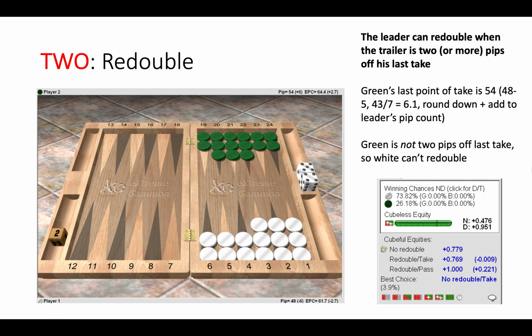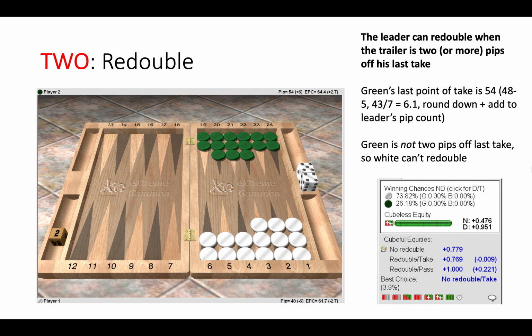Now for a redouble, we need 2 or more pips rather than 3 for the initial double. So again, we can work out that green's last point of take is 54. We can do the math, 48 minus 5, 43 divided by 7, rounding down and adding. Now here green is not 2 pips off last take.